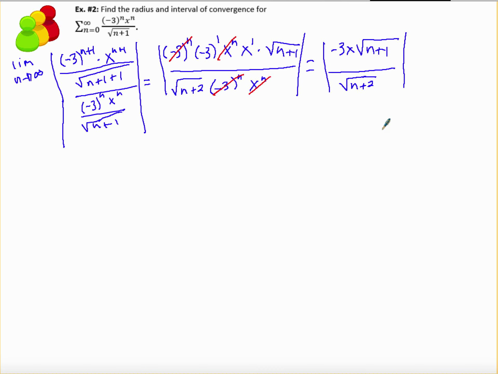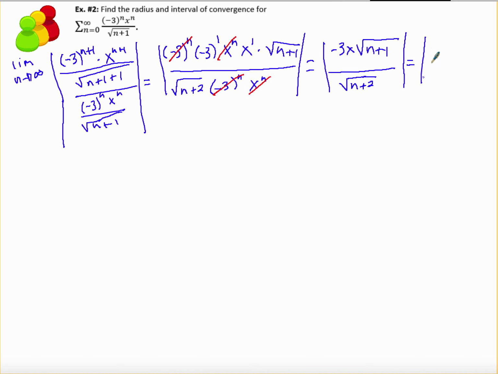All right, so it'll be a lot easier for me to take the limit as n approaches infinity of all this stuff if I can reduce these n plus 1s and n plus 2s here so that the limit will go to 0 inside there. Hopefully you know what I'm talking about. So I'm going to divide by n, and I'm going to do that inside my radical.